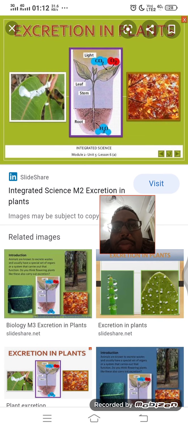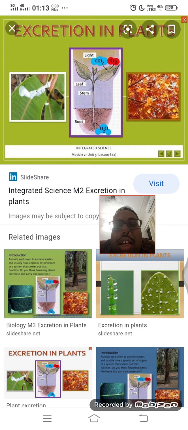And next, carbon dioxide is also an excretory product of the plant. Oxygen is an excretory product of the plant. That means after doing all the metabolic activities inside the plant, oxygen will be liberated out. Oxygen is an excretion from the plant which is used by us for the process of breathing.